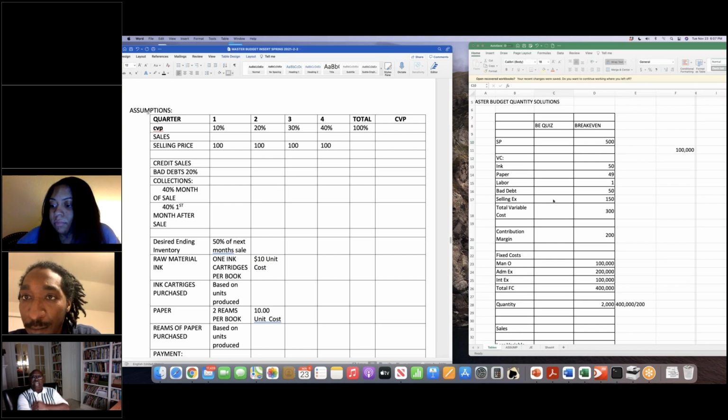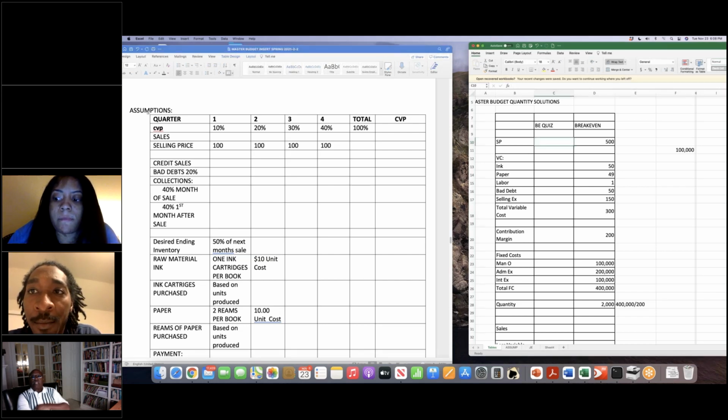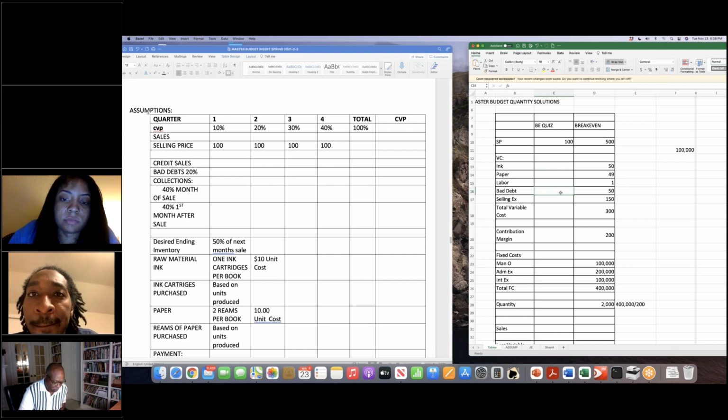Explain how you got what you got. Starting from the top, selling price was 100. Going from the left, the bad debt expense was 20%, so 20% of 100 was 20.